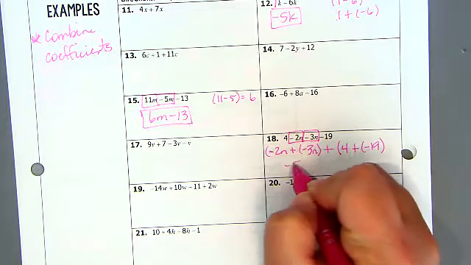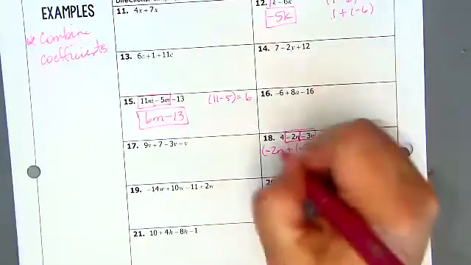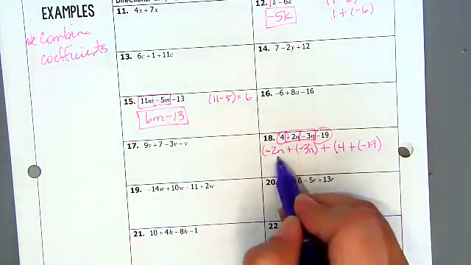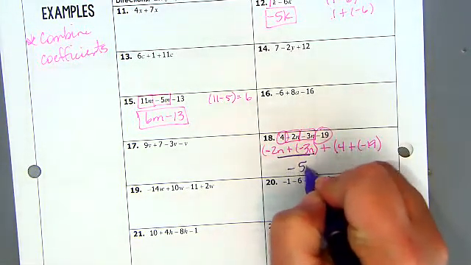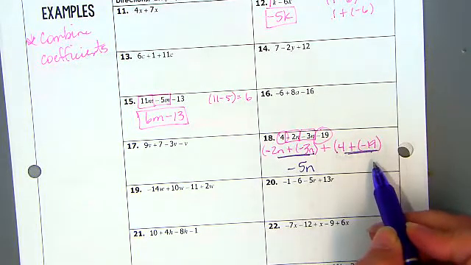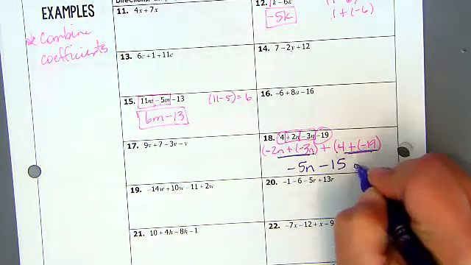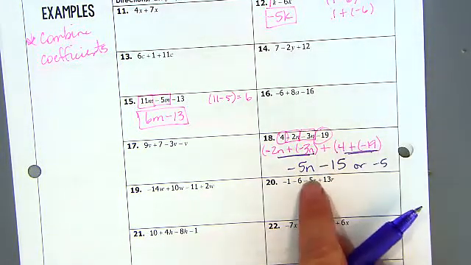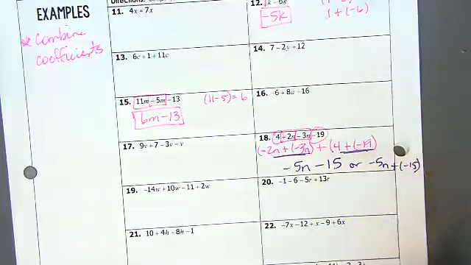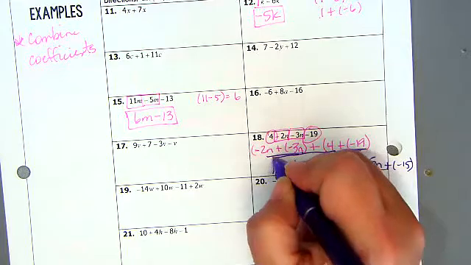When I add that together, that gives me negative 5n. Make sure I do my circles there. When I do 4 plus negative 19, that gives me negative 15. So I can write it as the negative 5n minus 15 or negative 5n plus negative 15. Both of these are acceptable answers.